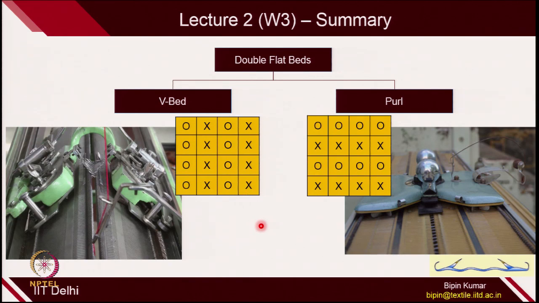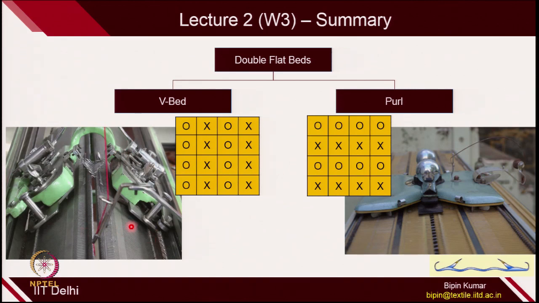So, in the flat category, when the knitting technology has two beds, these are the two machines which are popular. But in the market you will see mostly V-bed machines, because this gives you a lot of flexibility. When we move to lectures in coming weeks, you will realize this V-bed machine is highly flexible in terms of fabric design.